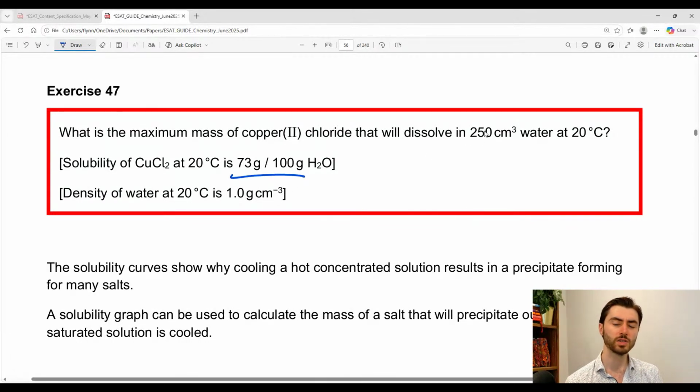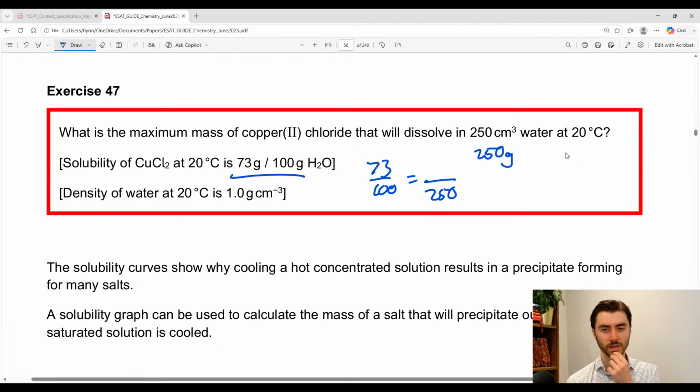All right, so we got 250 centimeters cubed, which means 250 grams of water. So if it's 73 over 100, we have to multiply top and bottom by 2.5. So 73 times 2.5 is something I still cannot be bothered to calculate. It's whatever that is. That's how you do it.